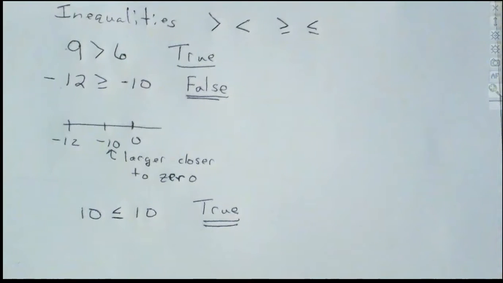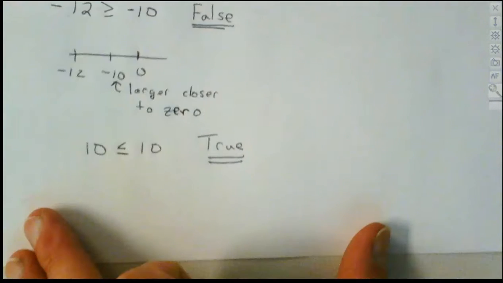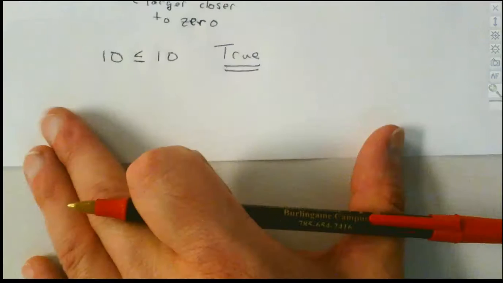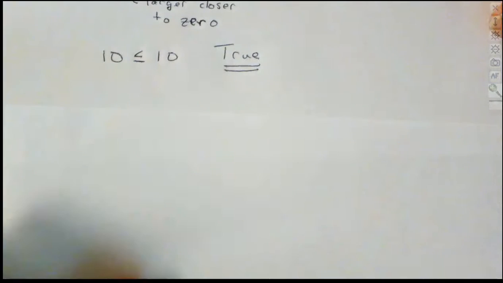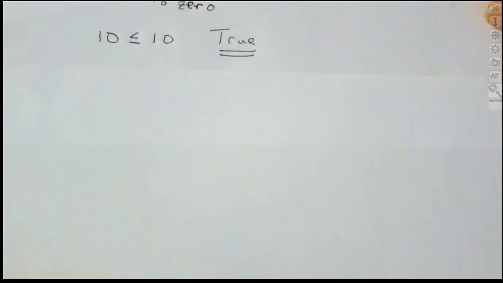Now we're going to be looking at combining order of operations with these inequalities, and we're going to be seeing if these are true or if these are false. We're going to work with question 82.